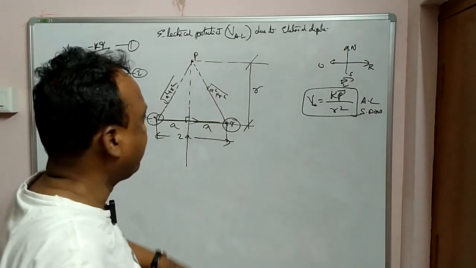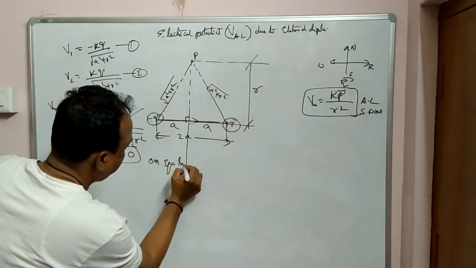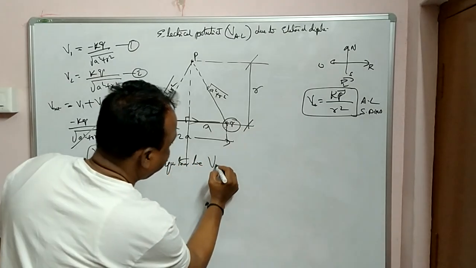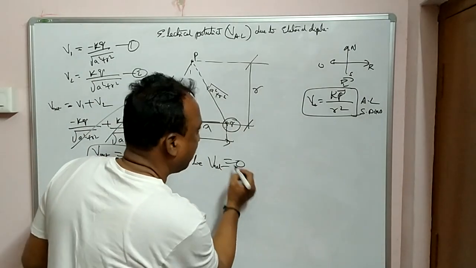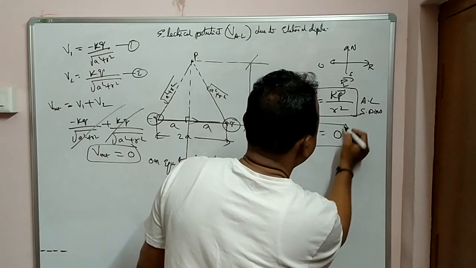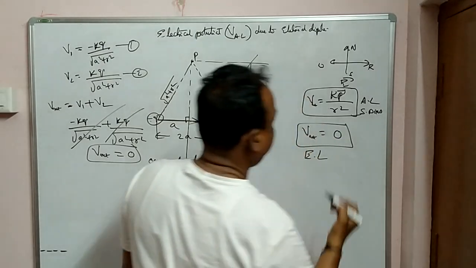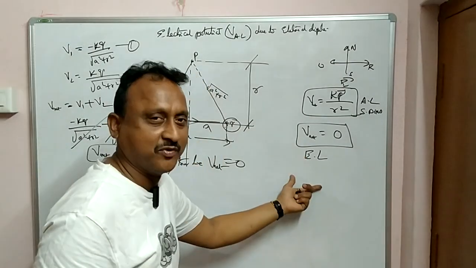So the point on the equatorial line, V net, the electric potential due to the electrical dipole, is 0. So V net is equal to 0 in the case of the equatorial line for a short dipole as well as long dipoles.